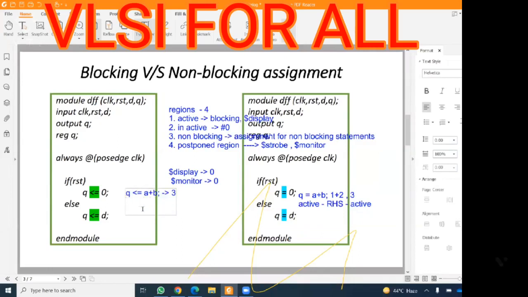What is the value of Q in the active region? 3. Suppose the initial value of Q is 0. If I check using $display, what will $display print for Q? What will this return?